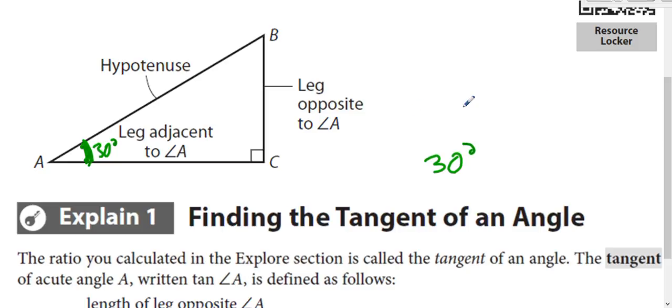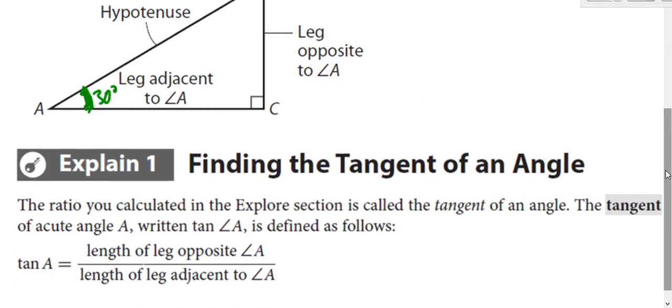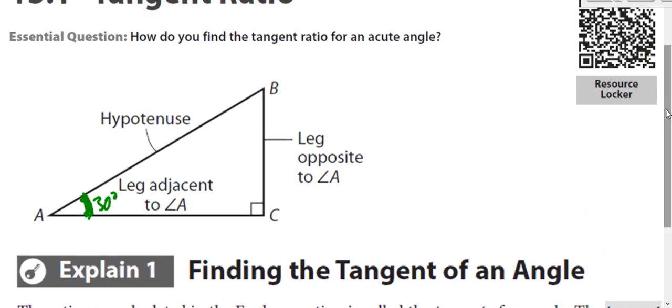I won't go into it yet, but that makes sense because in our last chapter about similarity, they will all be similar because they've got a 90-degree angle and a 30-degree angle. So if they're similar, they're going to have the same ratio.